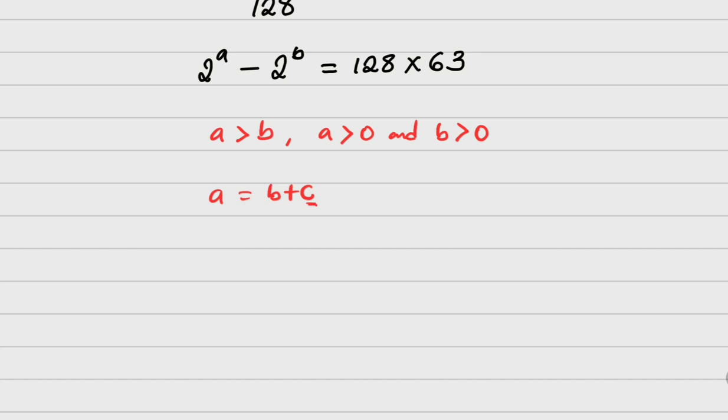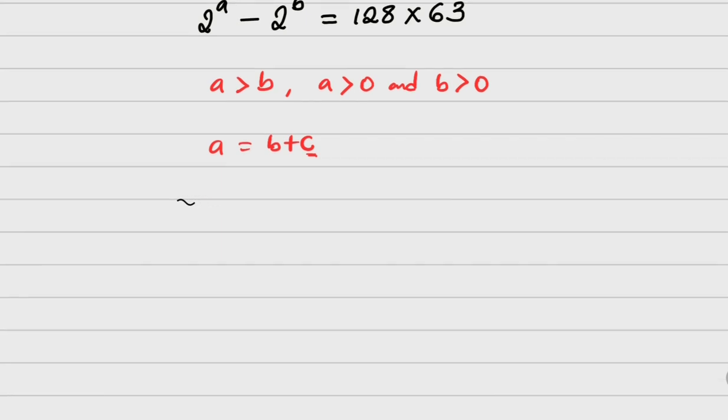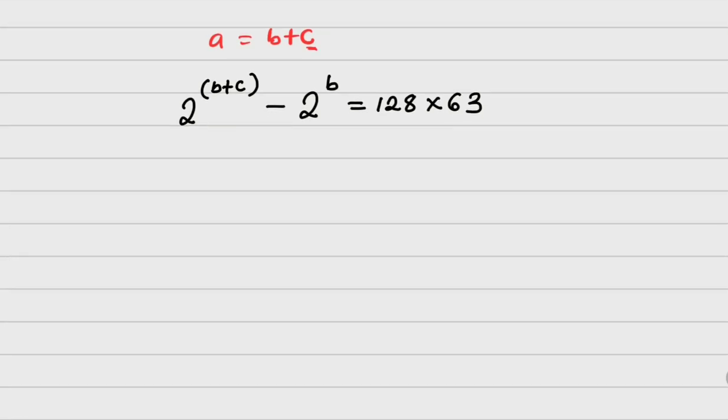Now, since I have that, I will now substitute. Substituting, this is what I'm going to have. I will have 2, instead of a, I'm going to have b plus c, then minus 2 raised to power b is equals to 128 times 63. Okay, now since I have this, just like I did from the beginning, do you know that x raised to power m times x raised to power n is the same thing as saying x raised to power m plus n?